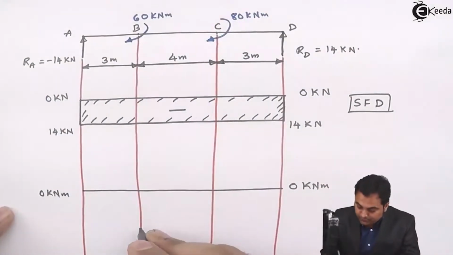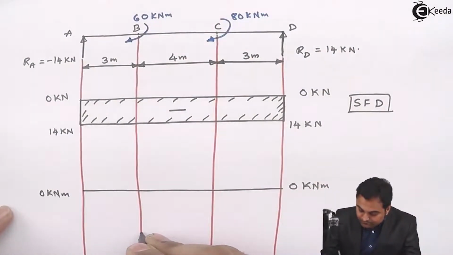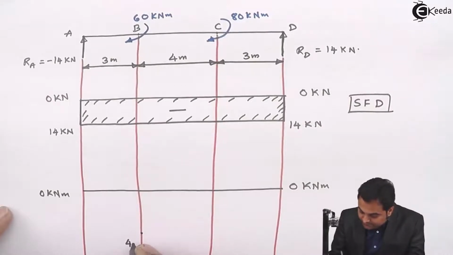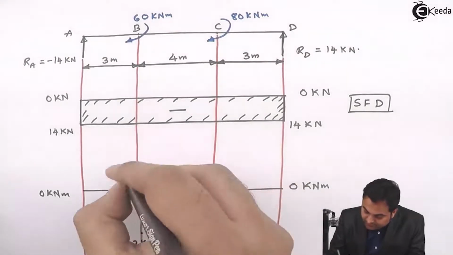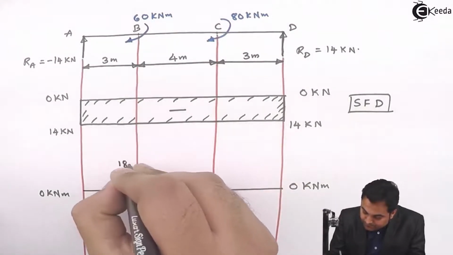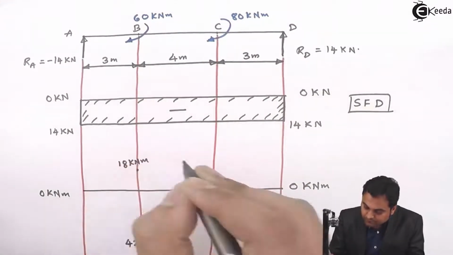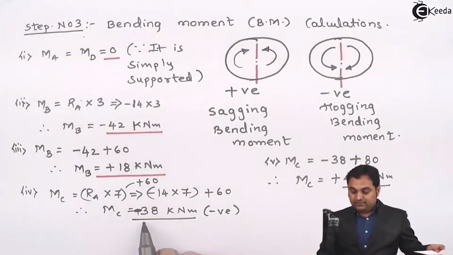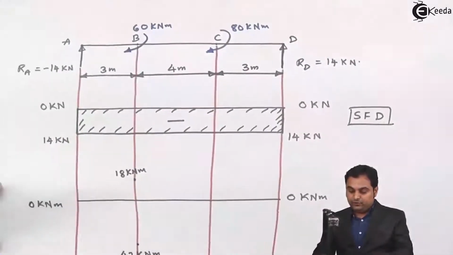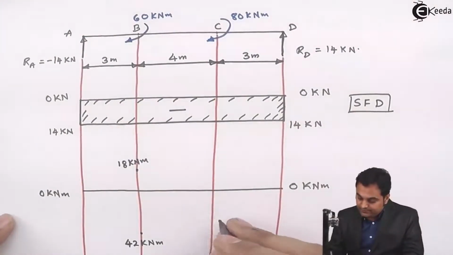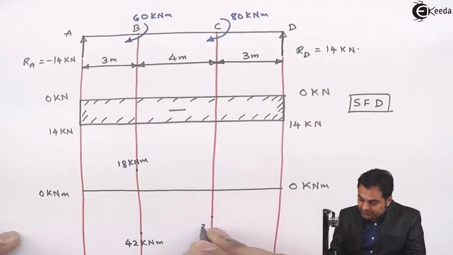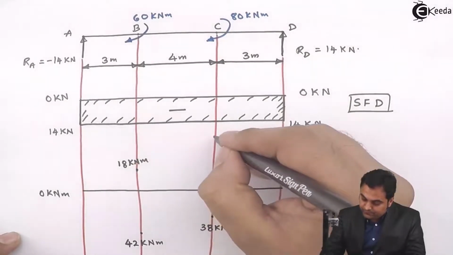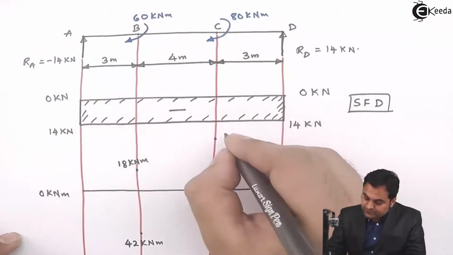So minus 42 is below the line, plus 18 is above the line. Then at C there are two values: first minus 38, then plus 42. So minus 38 will be in the negative region, then plus 42, which is positive.